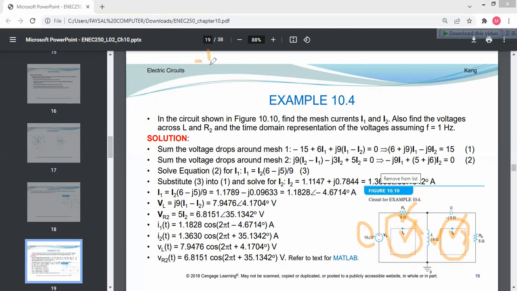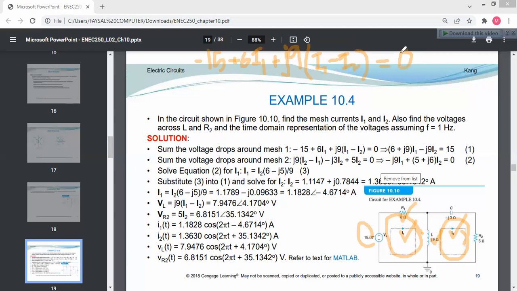So it will be negative 15 plus 6I1 plus J9 into the value of I1 minus I2, which will be equal to 0.